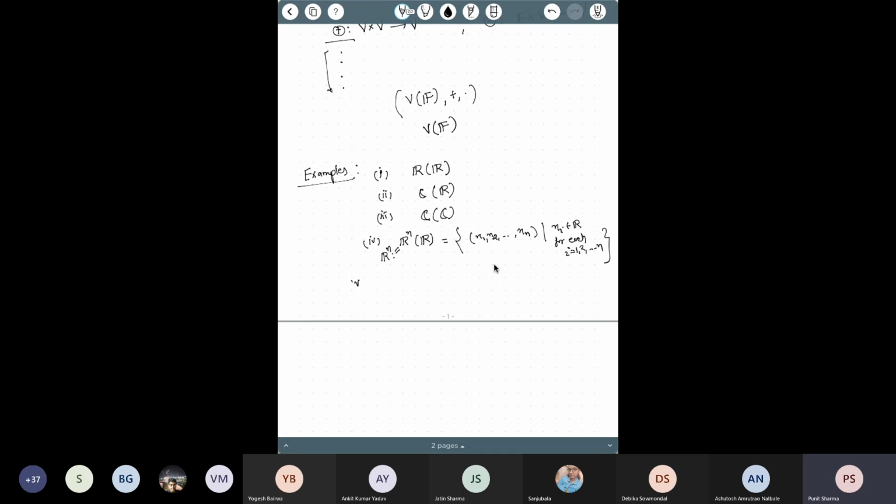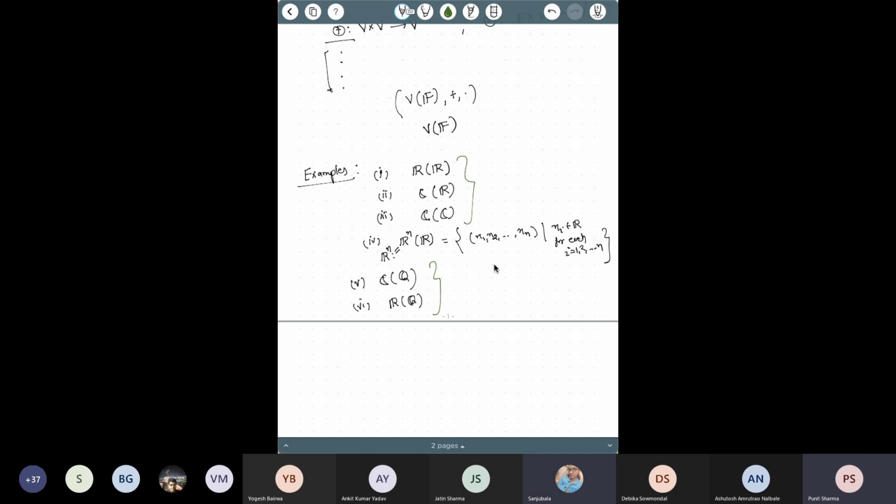So what else? Q over Q, C over Q, R over Q. In general, by looking at these examples, can you say something in general, that this would always be a vector space?